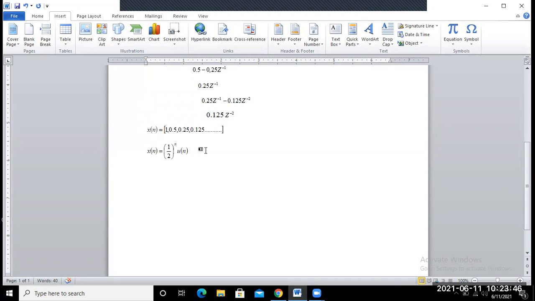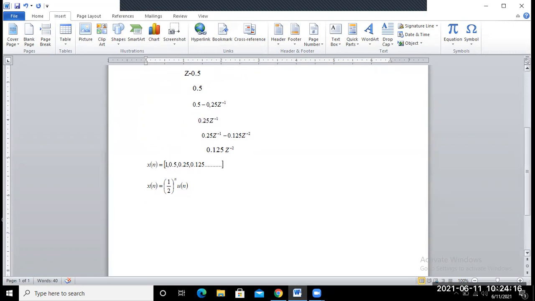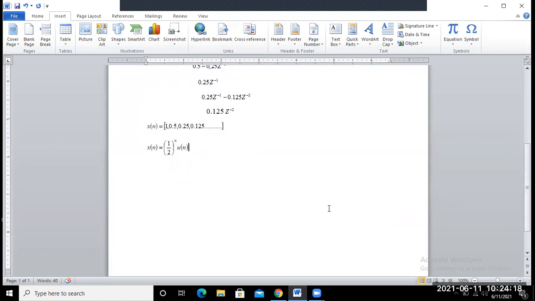Okay. So this is the xn, that means the inverse of the z expression. Whatever expression is given here in terms of z, we can find the inverse of z, that means the discrete time signal. So the discrete time signal becomes 1 by 2 to the power n un. Now two important points to note down here: how we can represent the z polynomial of the denominator and numerator.